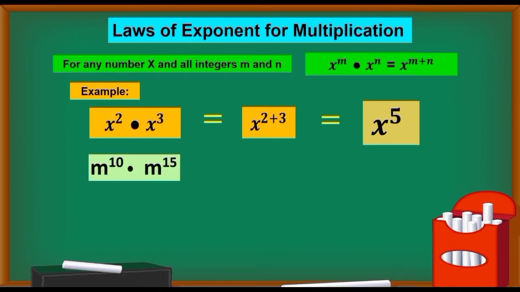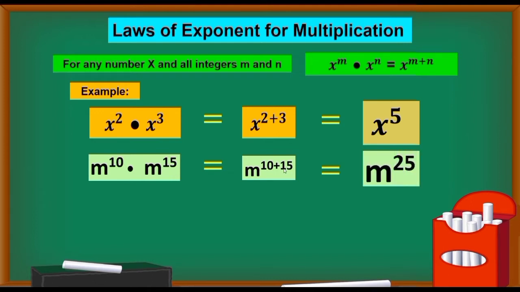Let us have another example. Given ang m raised to 10 times m raised to 15. Since parehas po ang base na m, so, m raised to 10 plus 15. And 10 plus 15 is 25. So, the answer is m raised to 25.